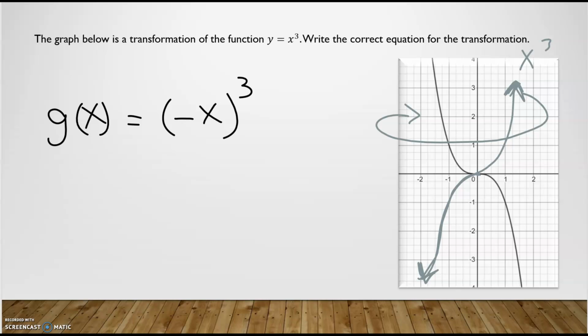Okay, now a negative times a negative times a negative. That would still be a negative, so this is negative x cubed.